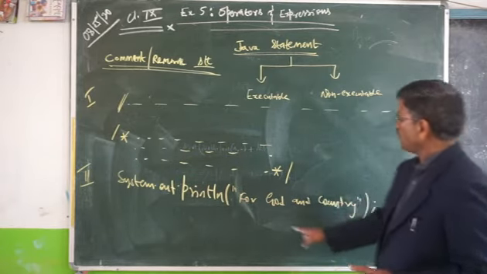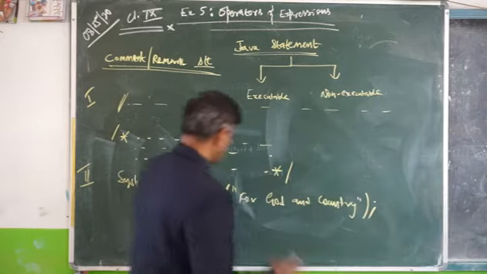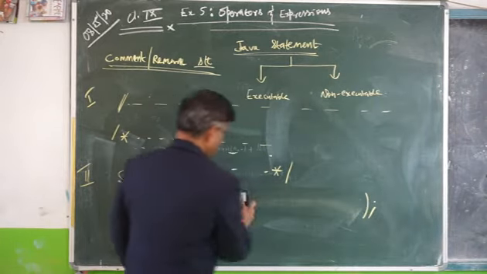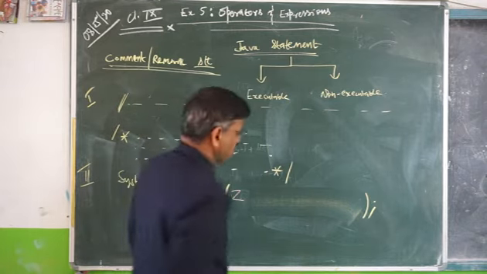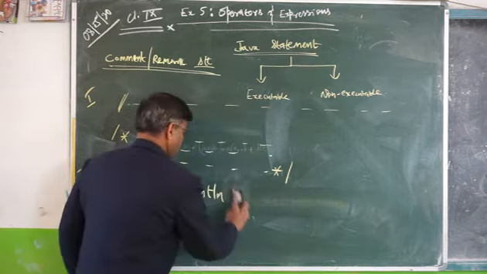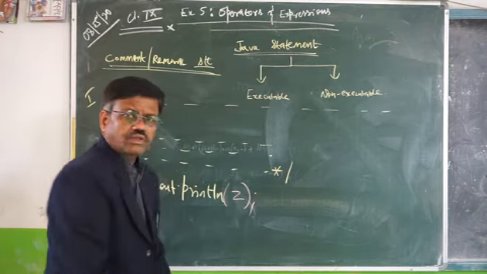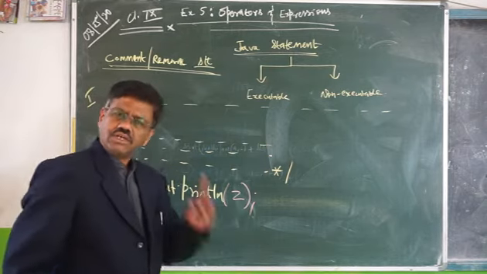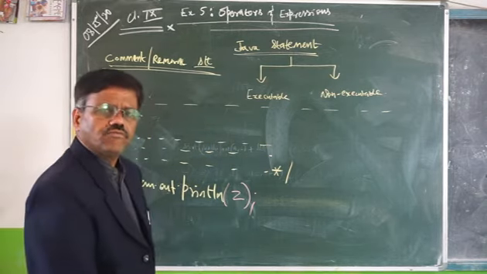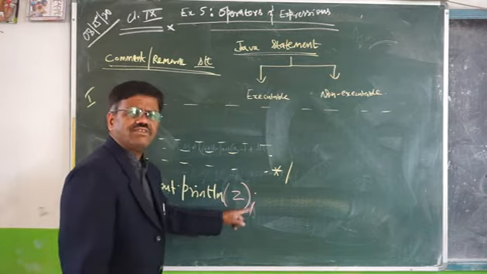For God and country means on your monitor, For God and country will be there. For instance, here I give Z. What does it do? The value of Z will be displayed on the monitor. I'm sure you must have noticed, why did I give the semicolon?